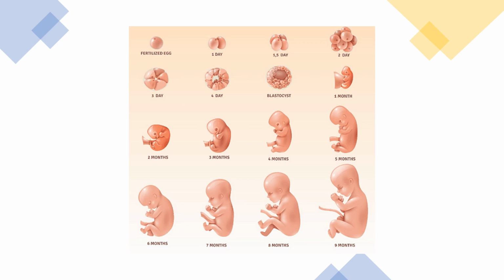Fertilized egg, you can see what happens at the first day, and from the first day to the fifth day, like the second day, third day, fourth day, all these go for the division of cells. Then we get the blastocyst, and after that what happens in the first month, second month, third month, you see how the baby is developing through all these months, 5, 6, 7, 8 to 9 months, to a fully developed fetus, right?